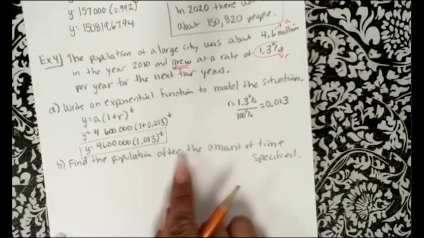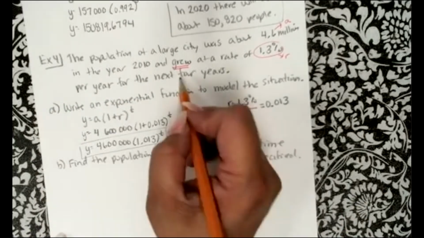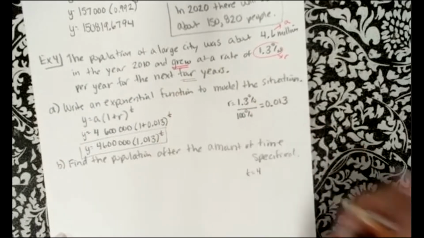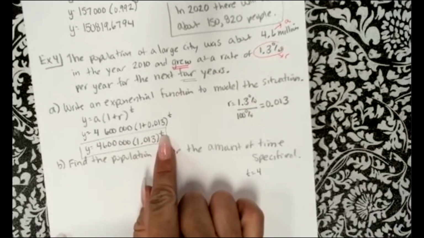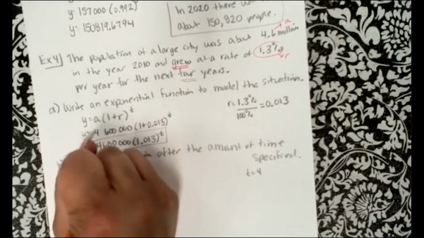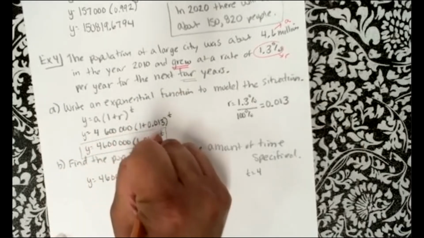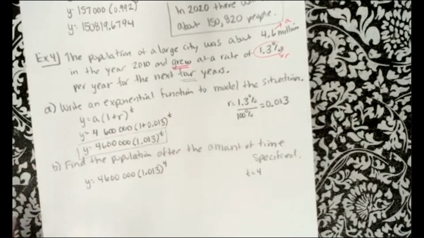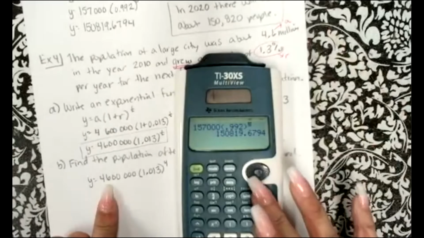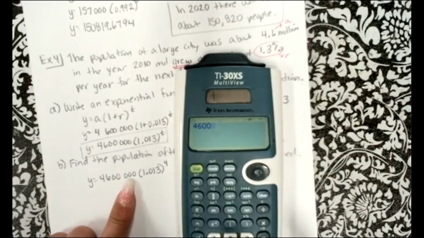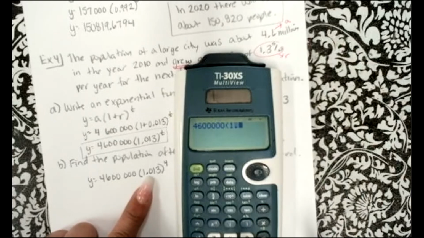And now on part B, it wants the time specified. Right here, it tells you 4 years. So the time is going to be 4 years. So I'm going to plug in the number 4 here. 4,600,000 times 1.013 raised to the 4th power.